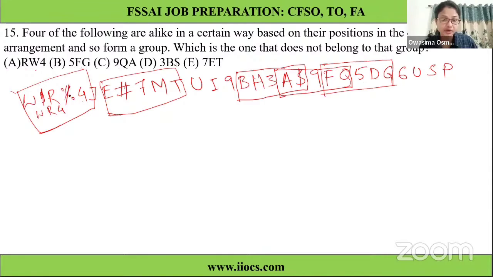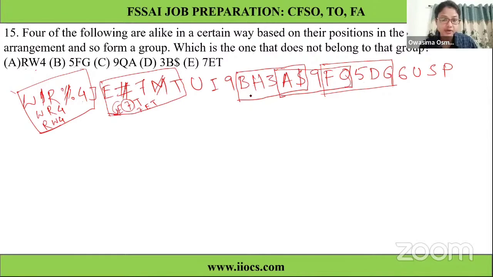If we eliminate one from this, then the series will be WR4, and they write it in this way, RW4. So eliminate this from this group. So it will be E7T, but they write it that is 7ET. That is, the second term is coming to the front of the first term.